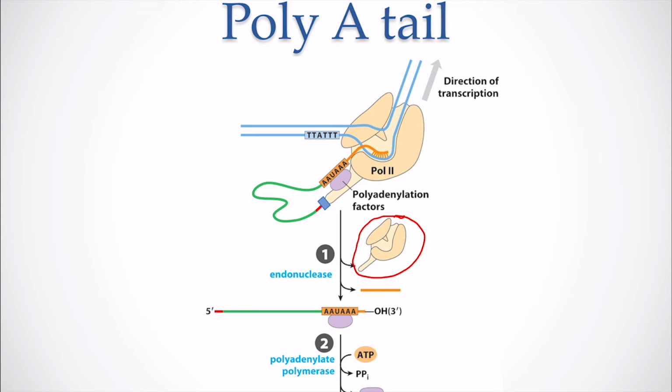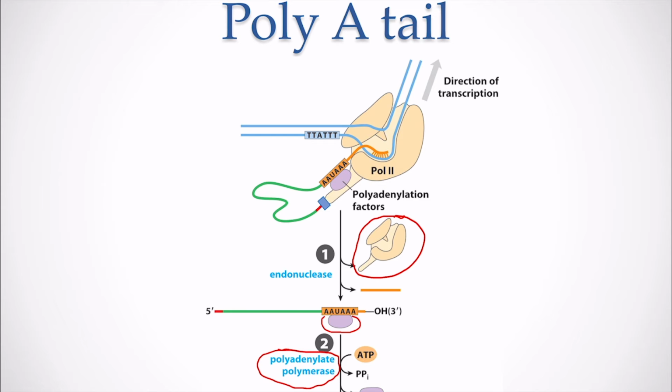Your message is then going to be attached with that polyadenylation factor, this little purple blob. And this is going to recruit your polyadenylate polymerase, which is going to be responsible for adding the tails.